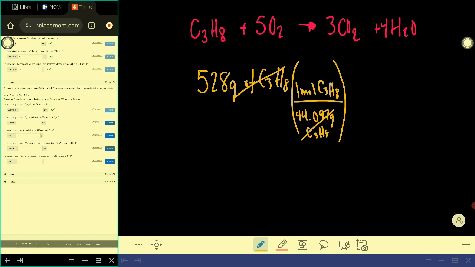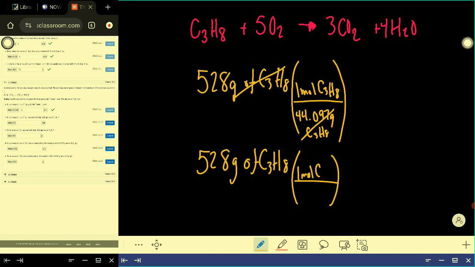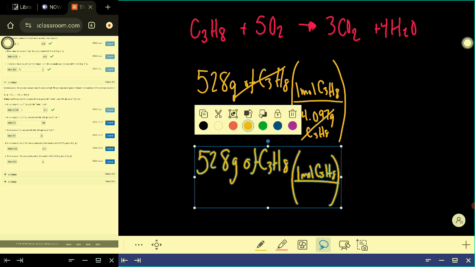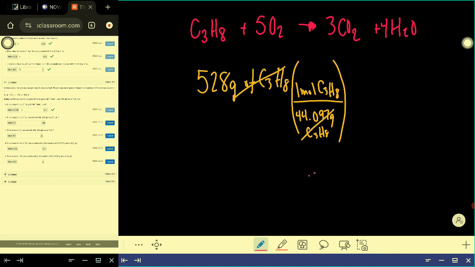Now, how many moles of O2 are going to react with it? Okay, so moles of O2 this time. So now I'm going to go same mass, 528 grams. Again, you don't have to put the "of" if you don't want to. 1 mole C3H8. Oh, I don't know why I'm doing this again. Silly goose. I'm just going to go up and work on the previous problem, because I can just add on to this since I'm into moles of that hydrocarbon.